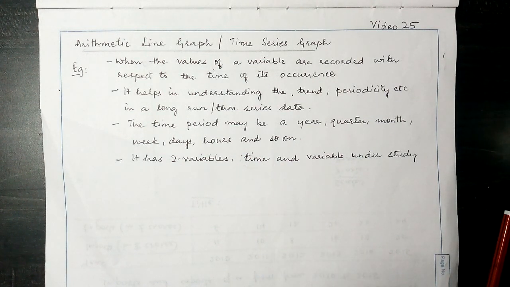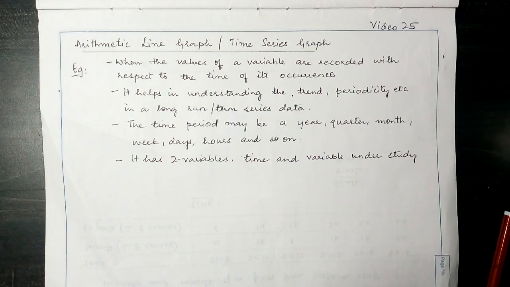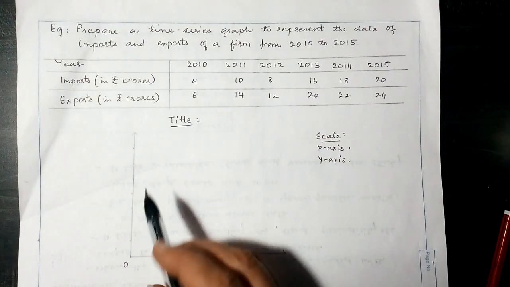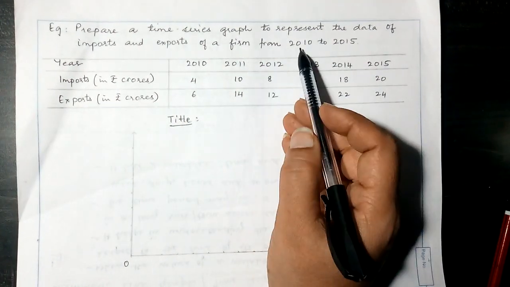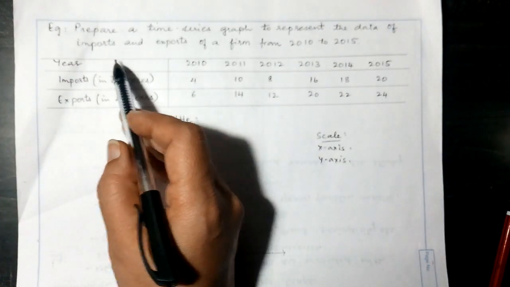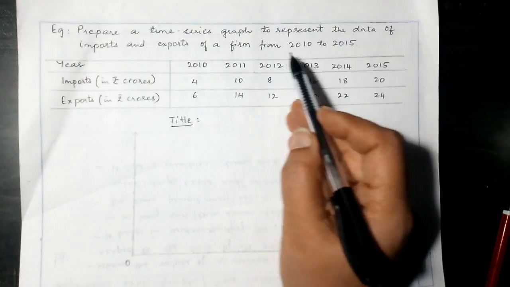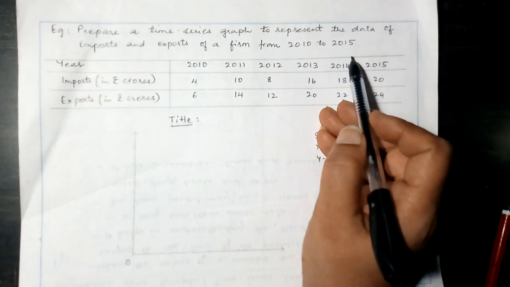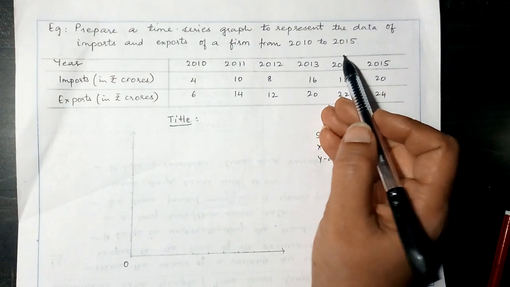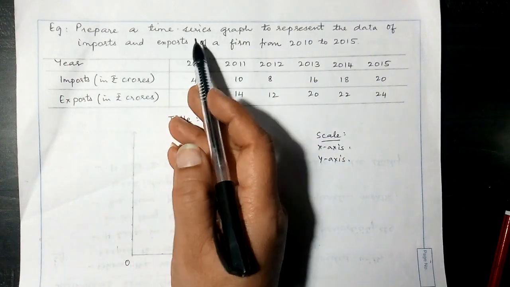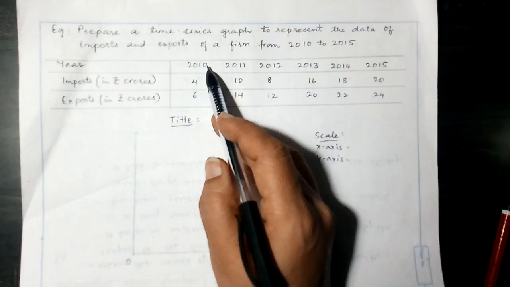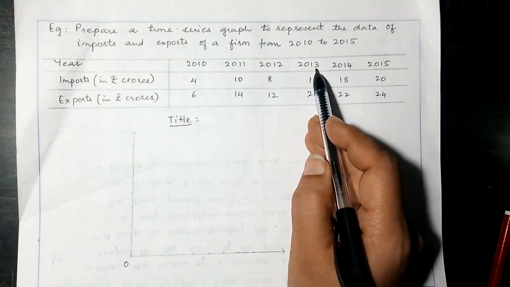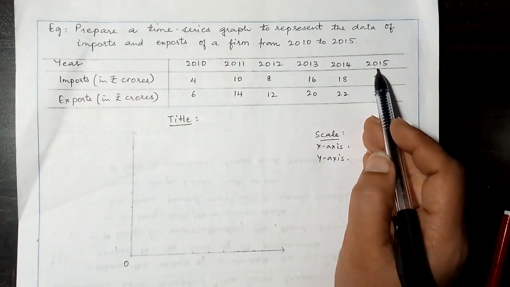So let's now understand this with the help of an example. Prepare a time series graph to represent the data of imports and exports of a firm from 2010 to 2015. Since it's a time series graph, we are given time in years, 2010, 11, 12, 13, 14 and 15.